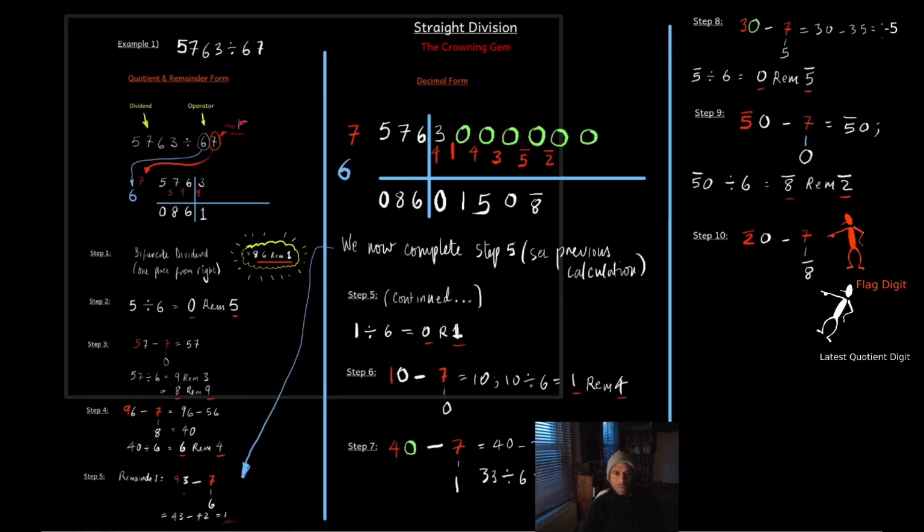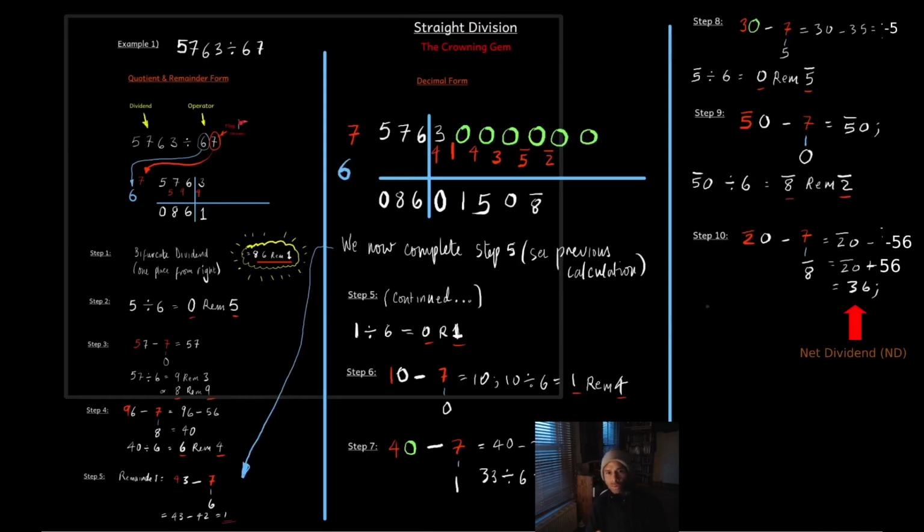So minus 20 minus the flag digit times my latest quotient digit, which is minus 8. That's minus 20 minus 7 times minus 8, which is minus 20 minus minus 56, which is minus 20 plus 56, which is the same as 56 take away 20, which is 36. So that's the net dividend.